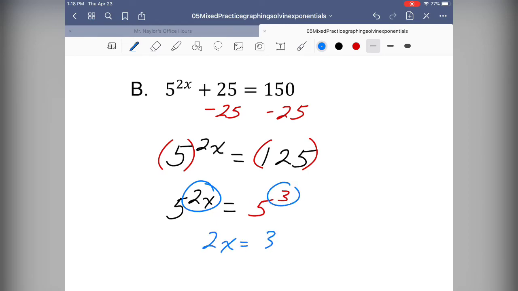So, of course, 2x equals 3, which means x equals 3/2, or if you like the decimal, you can write 1.5. So, for this problem, its original form had this extra term here, and it turns out that if we subtract that over to the other side, we get a new number that we are able to think of as a base 5.